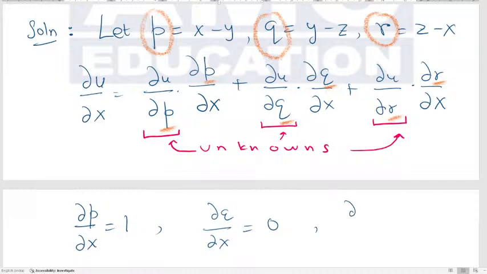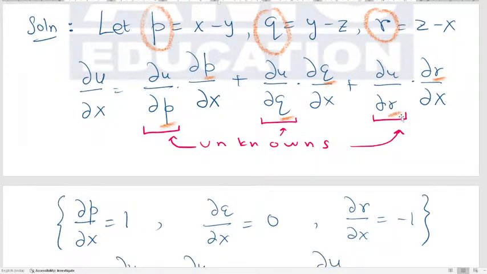Finally, ∂r/∂x, right? In r, there is z minus x. z is going to be 0, but minus x will leave minus 1, which is equal to negative 1. And that's how you can see in the last row that ∂p/∂x is 1, ∂q/∂x is 0, ∂r/∂x is negative 1.